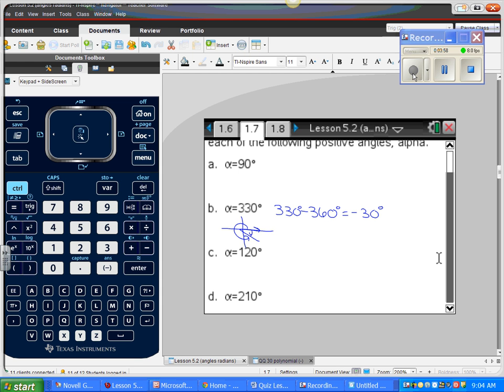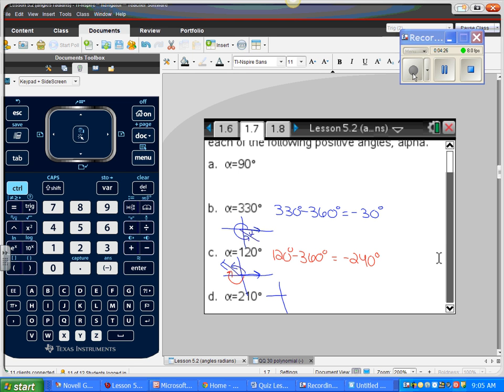So here's the negative coterminal, negative 30. Okay, 120 is going to be about here. Agreed? The negative coterminal would look like this. And we're doing 120 minus 360, which gives us what? Negative 240. Very good. Doing okay?